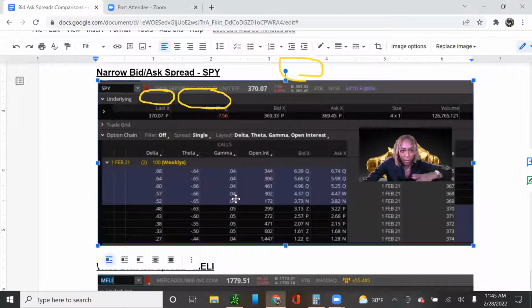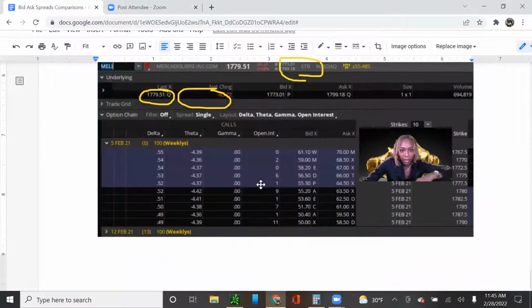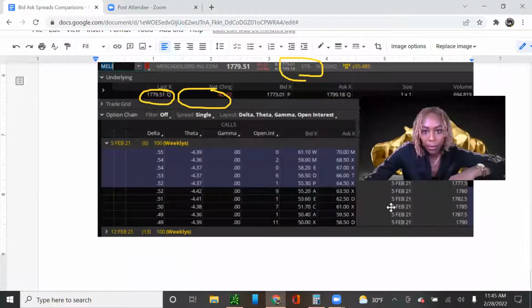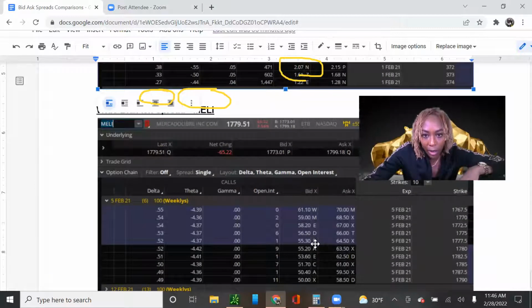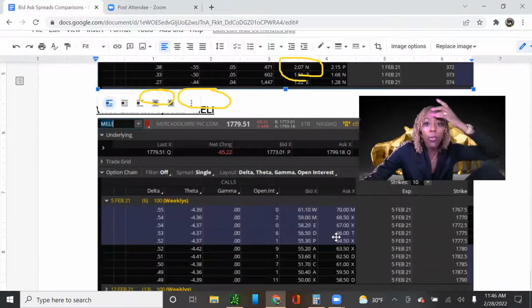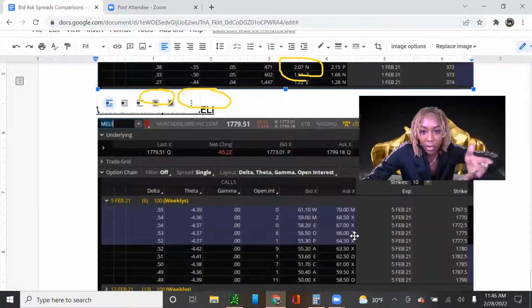Let's say we were going to pick this contract right here, which was 1775. If we got into it, it would be $66 or $6,600 because options control 100 shares, and if we immediately sold it back, we would sell it at 56.50. That's $1,000 difference.